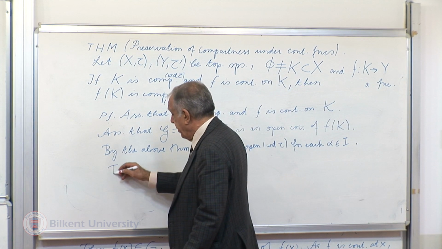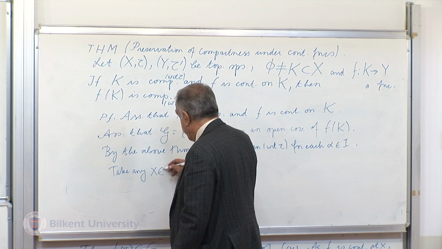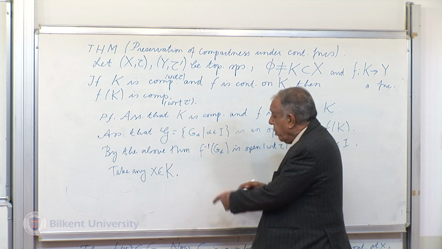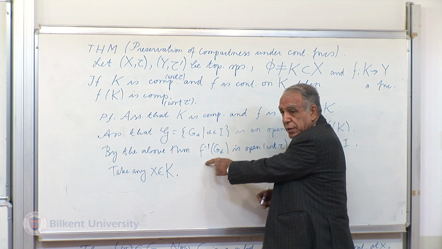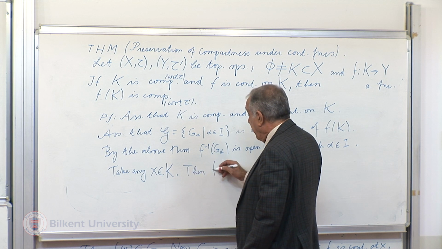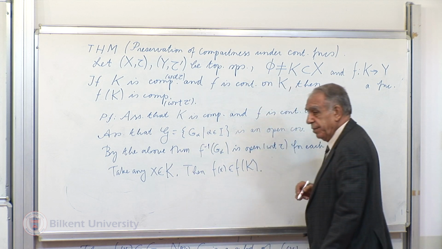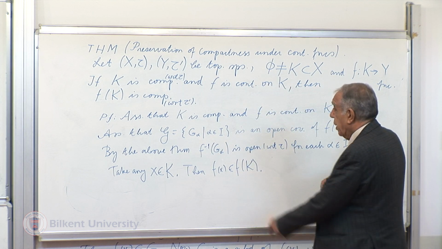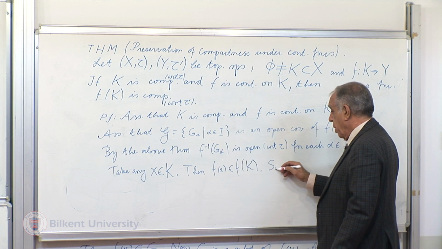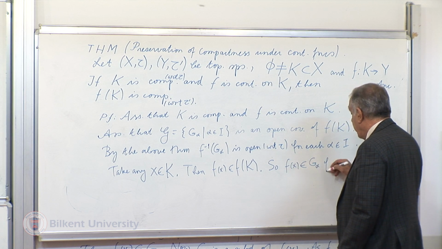Now take any x in K. Will it belong to one of these f inverse G alphas? But then f of x will belong to f of K. But the G alphas form an open covering of f of K, so f of x will belong to G alpha for some alpha.